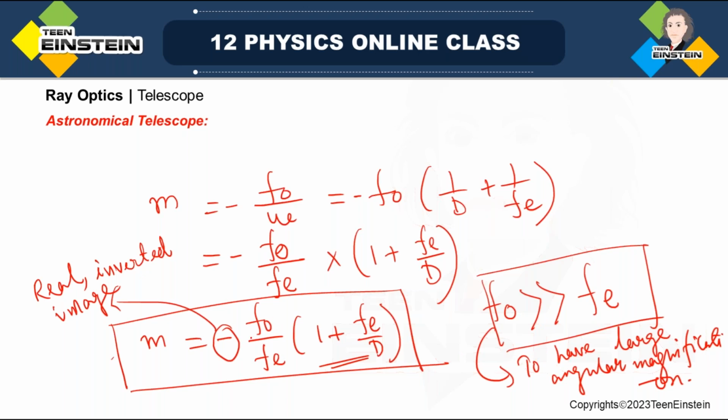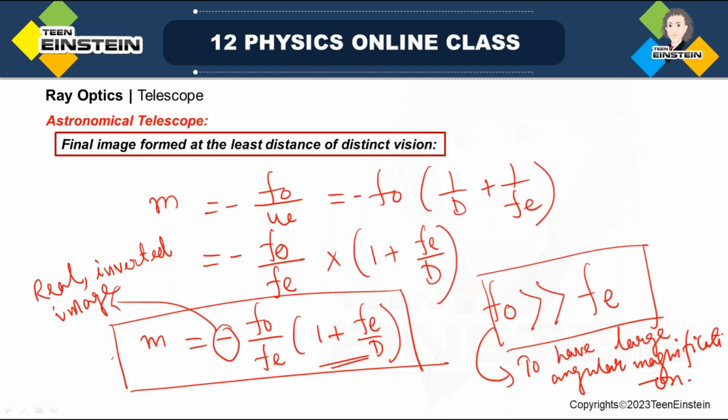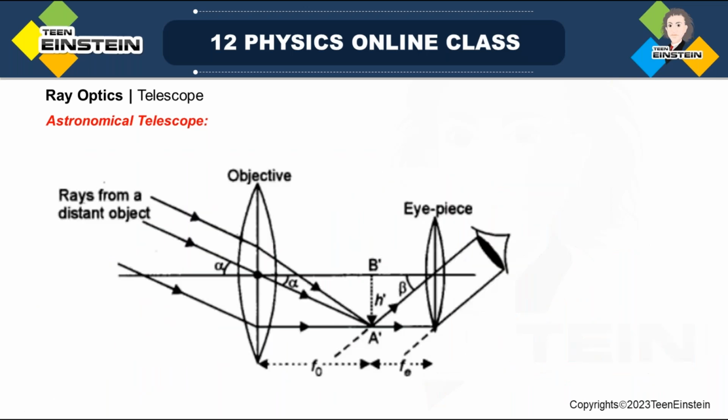And we can comment from this expression that if the focal length of the objective is made very large compared to the focal length of the eyepiece, then we'll have larger magnifying power of the telescope. Okay, so this was about the magnifying power at this setting. Now we'll see the other setting, that is when the final image is formed at infinity.